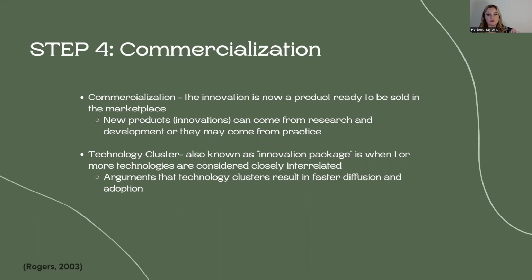So again, I wanted to note that new products can come specifically from research, but they can also come from practice. So if you saw a need in society and those things, and you developed that innovation, then you would go through the process, but eventually you would still get to this same step of commercializing your innovation. Like I said, now it is a real product.